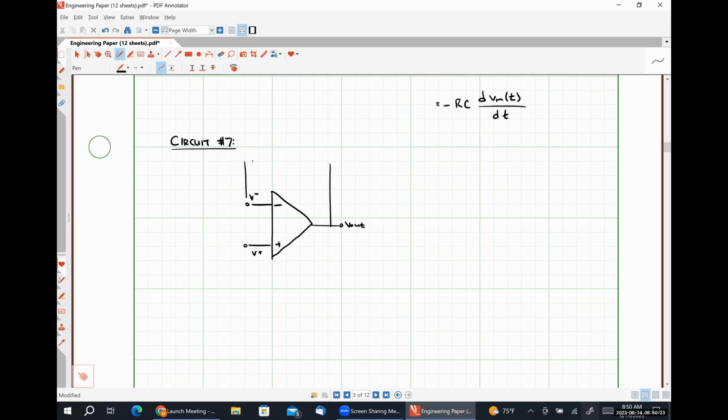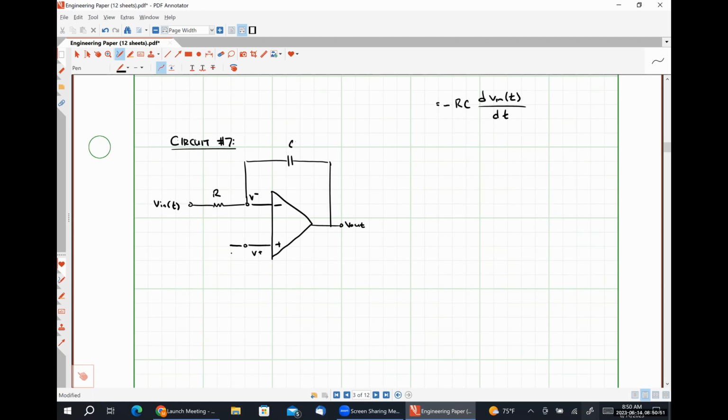Now I'm going to place my capacitor in the feedback position. And I'm going to place my resistor here. At this left leg is my input voltage.